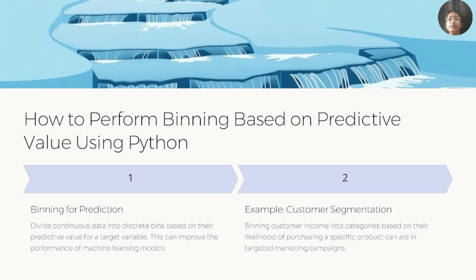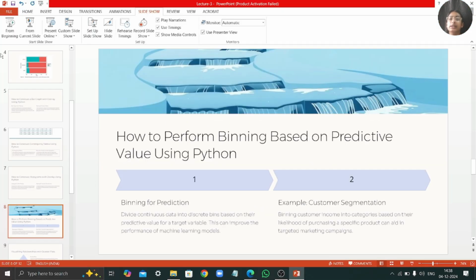The first procedure is binning for prediction, dividing continuous data into discrete bins based on predictive value for the target variable. This can improve the performance of machine learning models. An example is customer segmentation, where we categorize the parts. Now let's see how it is done in Python.